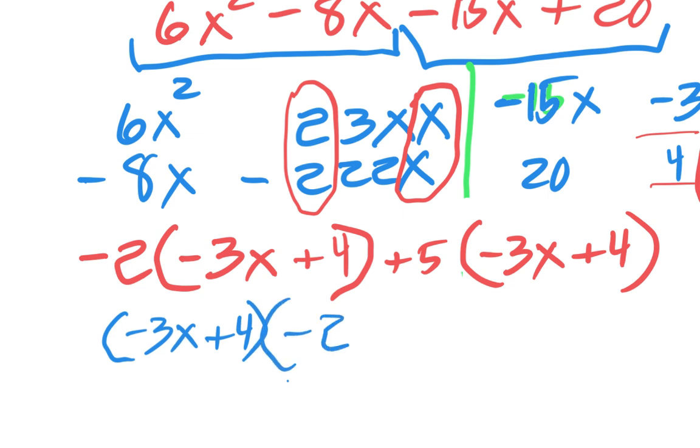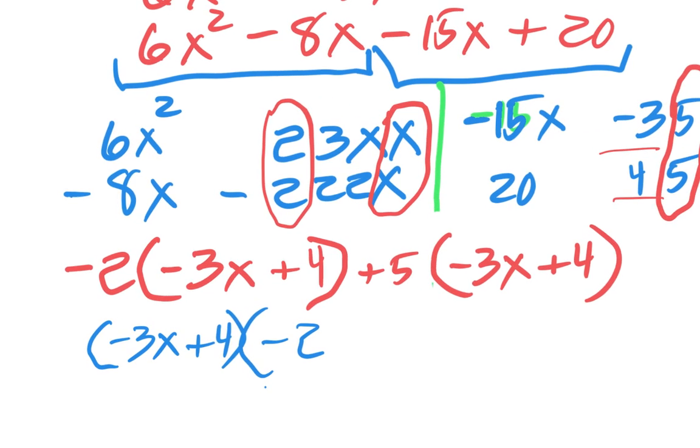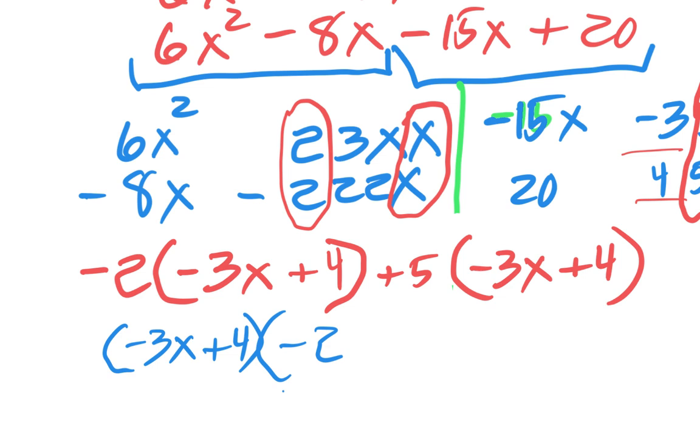A negative 2. Did I do something wrong? I factored out a 2, and I had the 3x, and then I had the 4. Okay, I guess I didn't do anything wrong. Yes, I did. That should have been a 2x. Hopefully I didn't confuse anybody. I'm sure I did.